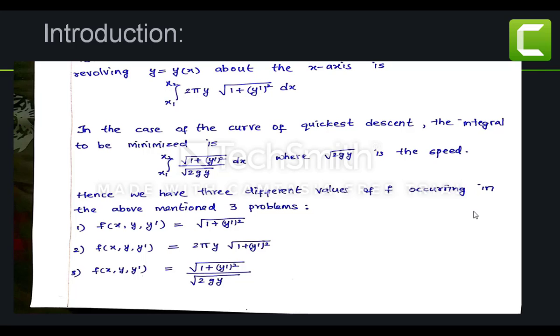And in the third case quickest descent, f takes the value root of 1 plus y dash whole square by root of 2gy. So in this section we will consider only these three problems and how to find y of x in each of these cases.